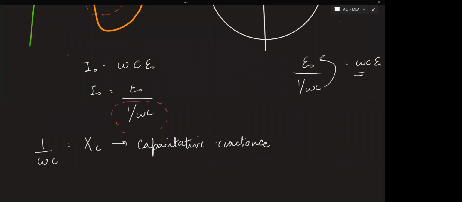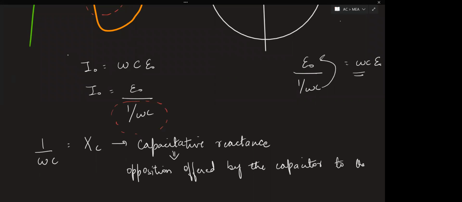In case of inductor, you have XL, inductive reactance, to do the function of the resistor. In a circuit containing only a capacitor, you have XC, the capacitive reactance. This does the function of opposition. This is the opposition offered by the capacitor to the flow of AC through it.